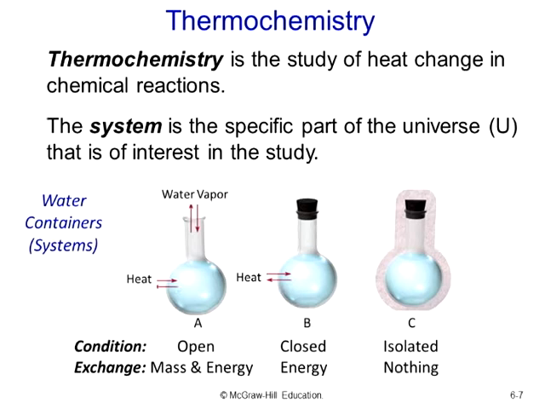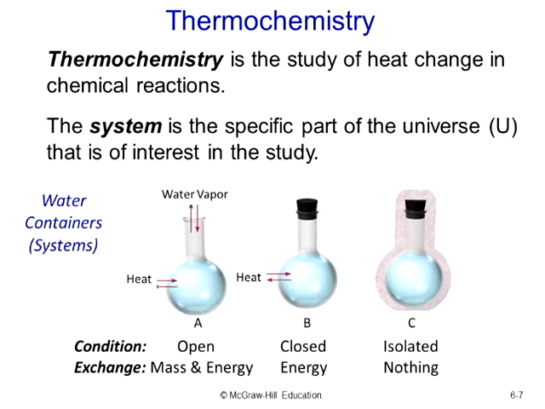So when we talk about thermochemistry, we think about heat change in chemical reactions. Recall again that chemical bonds have energy, they have potential energy. Heat energy involves thermal energy. We can have potential energy that's transformed into kinetic energy. But when we study this particular area, it is called thermochemistry.